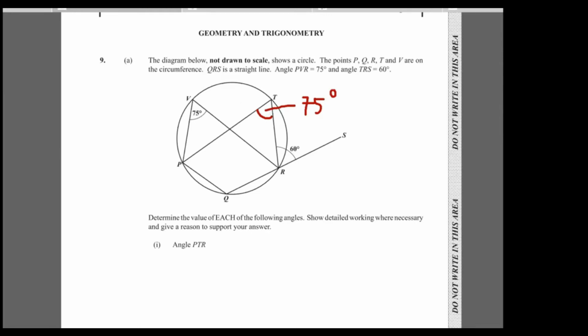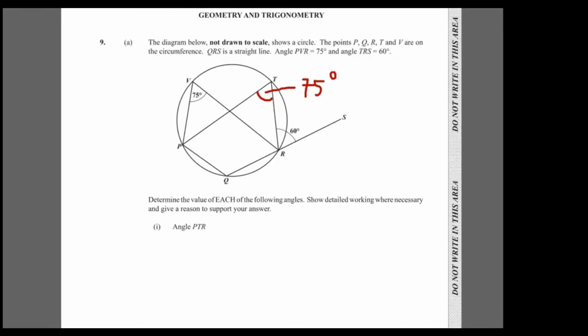So what that means is that it tells us so much information. Because they're subtended by the same chord, this angle is equal to this angle, and this angle here is equal to this angle too. So if this is x, then this is also x.